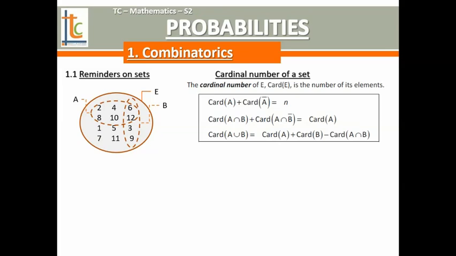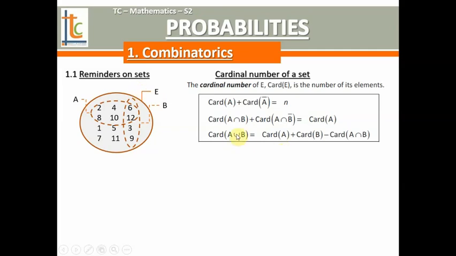That's the partition we talked about earlier. And of course, the number of elements in A inter B plus the number of elements in A inter B bar equals the total number of elements of A. That's the second formula. That's all. 2 plus 4 equals 6.